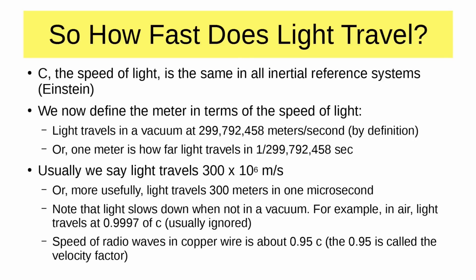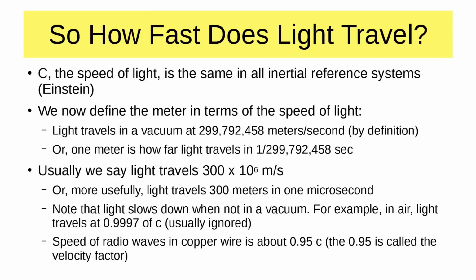It's relativity. Now, we now define the meter, how long a meter is, in terms of the speed of light, because the speed of light is a constant. It's a universal natural constant. And in a vacuum, it's 299,792,458 meters per second by definition. Okay?